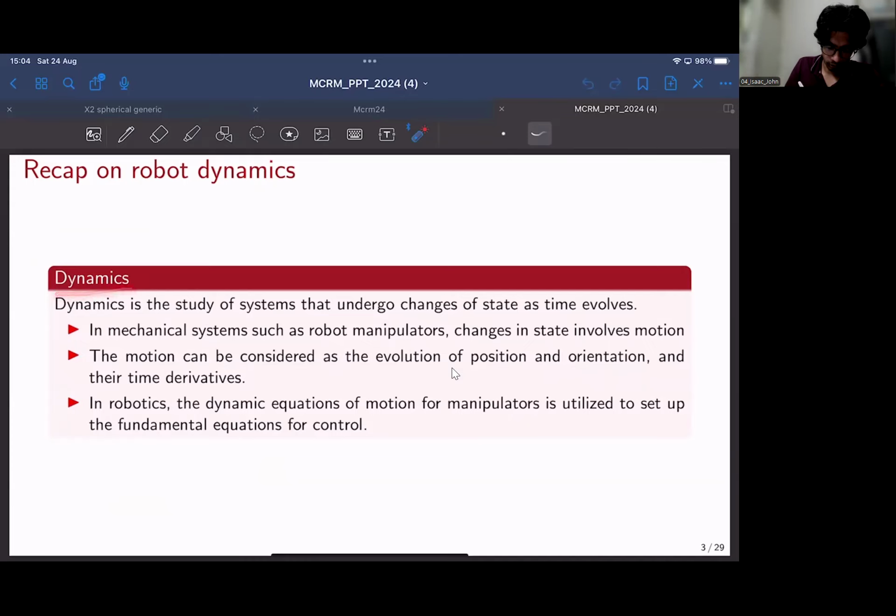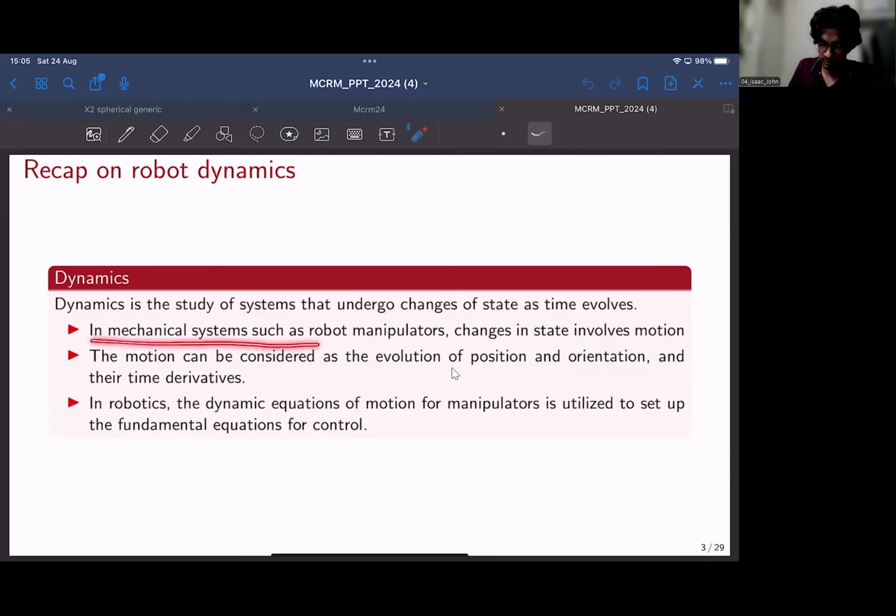Moving on to robot dynamics: dynamics in general is nothing but a study of systems that undergo changes of state as time evolves. So it's not restricted to robot manipulators. Any physical system can have dynamics, which basically is a study of its change of state as time evolves.